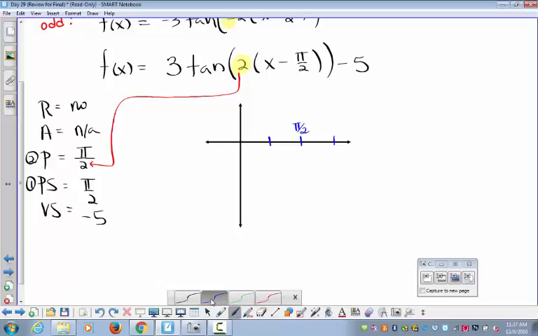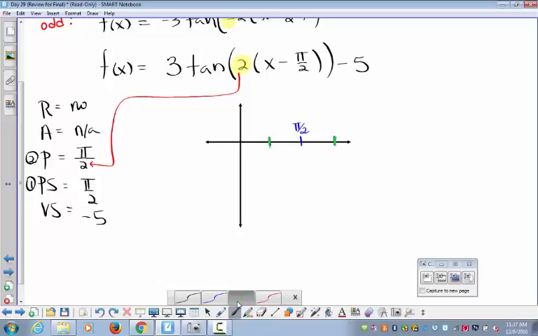We split it in half. Exactly. We take the period, pi over 2, we're going to split it in half, and we're going to use the phase shift as the midpoint of the period. So the 2 points we're going to be using are here and here.